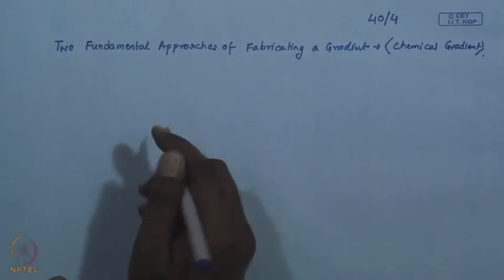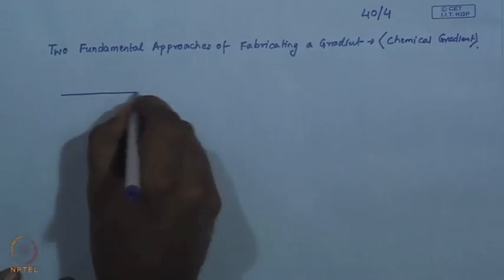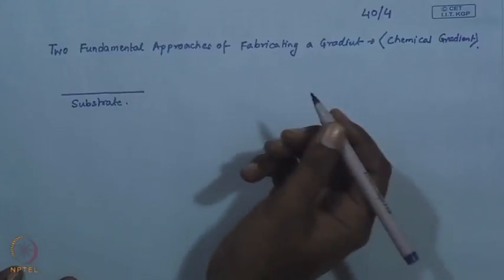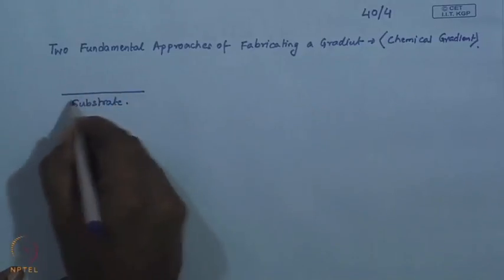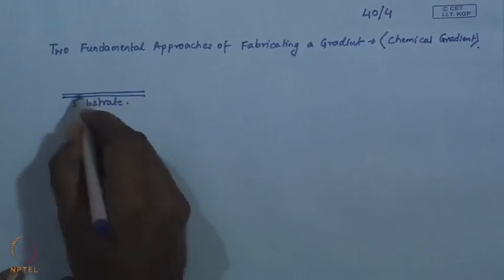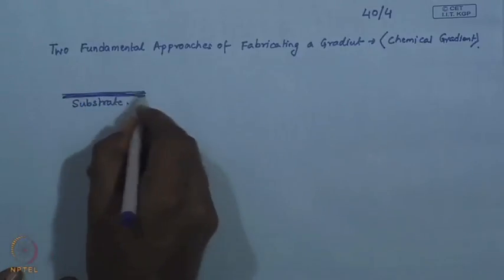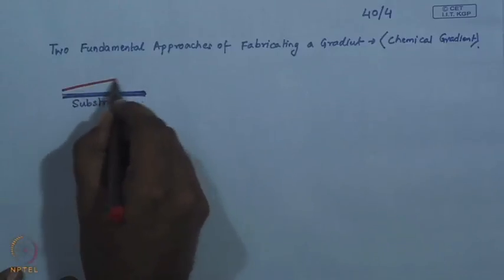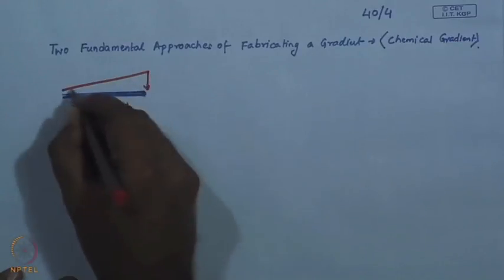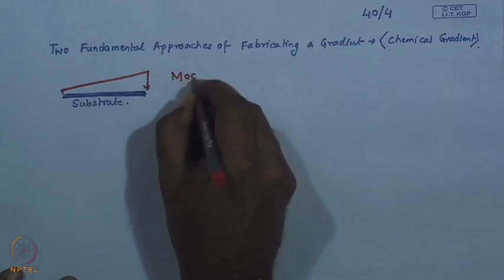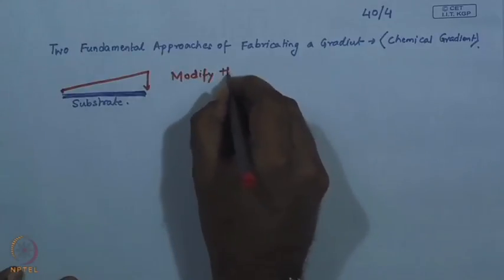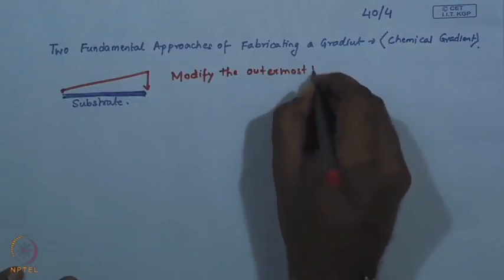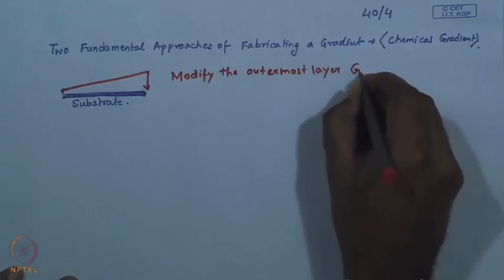The first is that, let us say this is the substrate, so this is the outermost layer of the substrate. And what you do, you modify this outermost layer gradually.